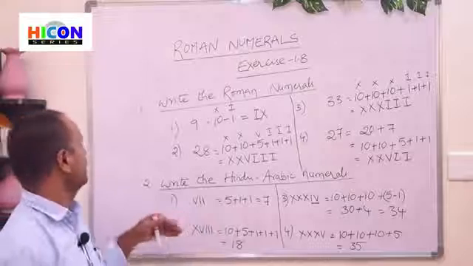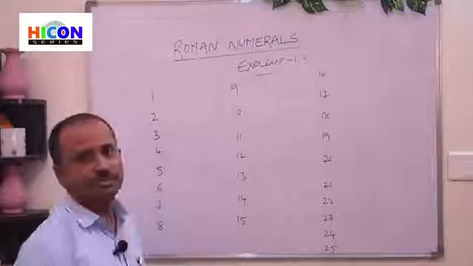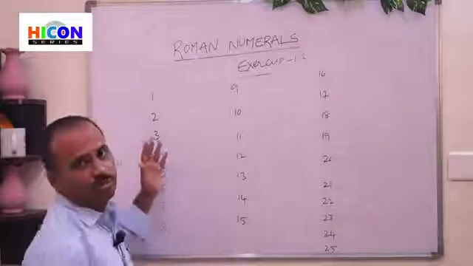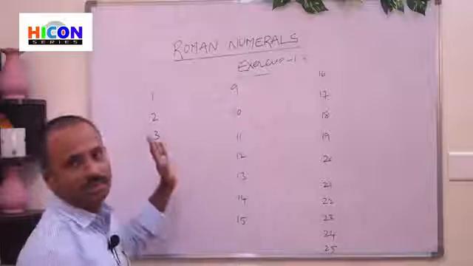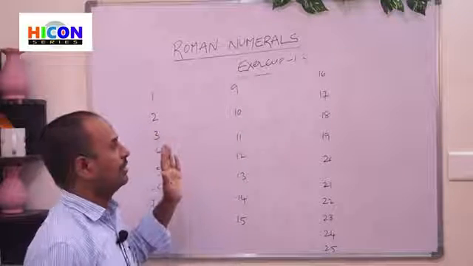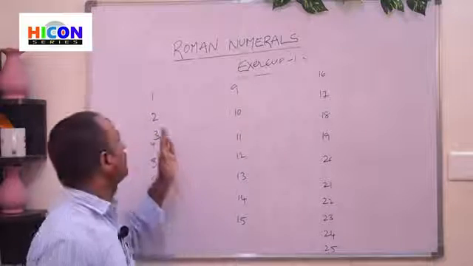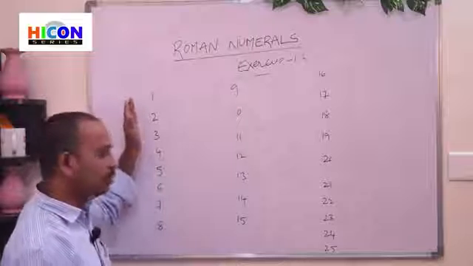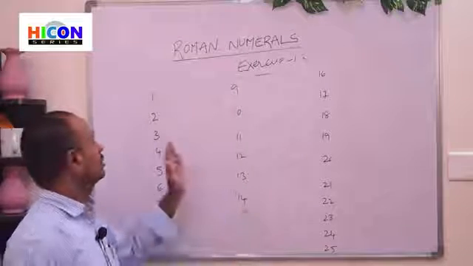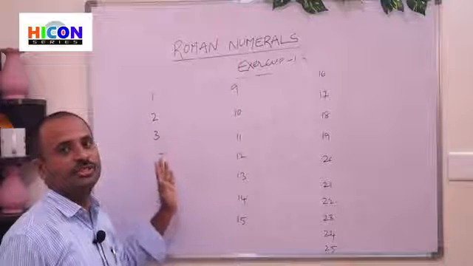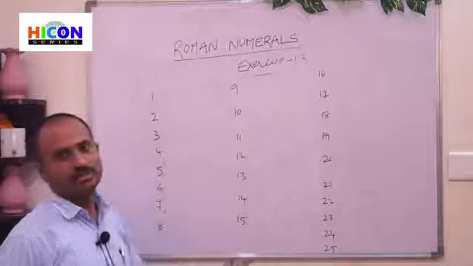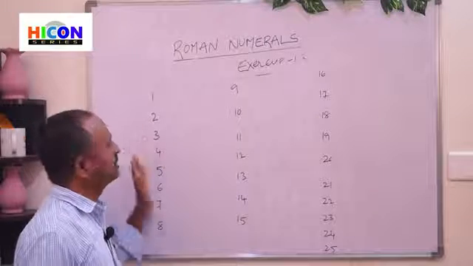So let us see the next, third section. Okay children, this is one more exercise in this chapter, on how to convert numbers up to 39. This is the conversion of the Hindu-Arabic system into Roman numerals.